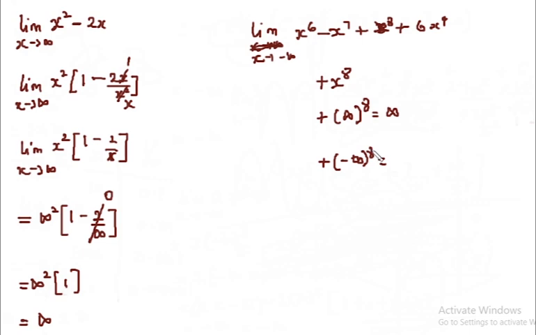Now, this power here is an even numbered power, so it becomes a positive infinity, right? That's a simple shortcut. But in an exam setting where you're asked to solve, you want to do it the full way. In an objective setting where you don't have much time, you can do it like this to save time.